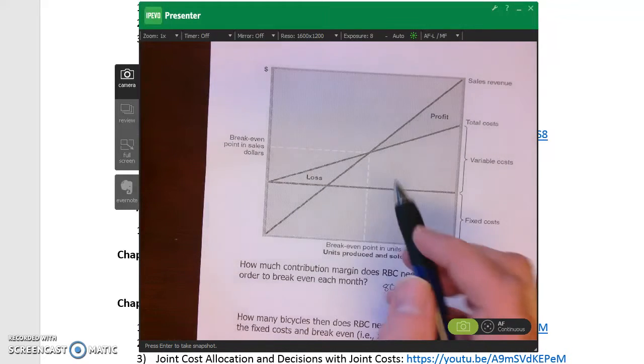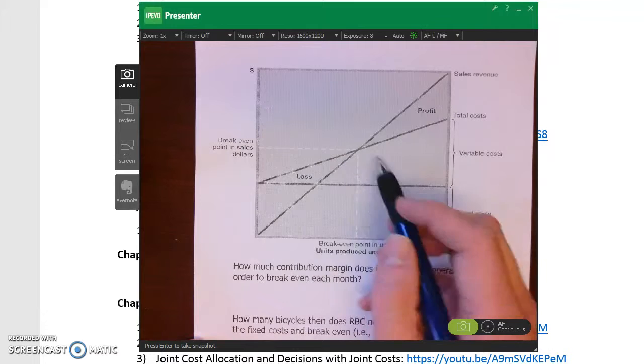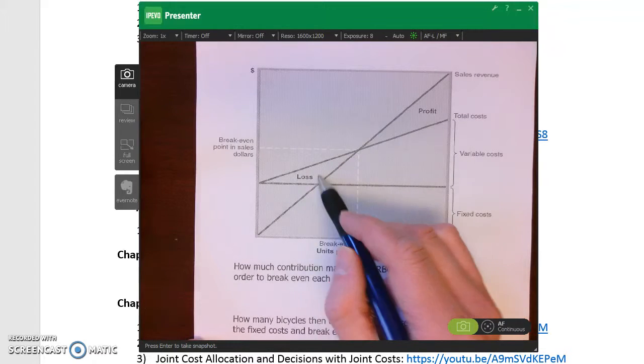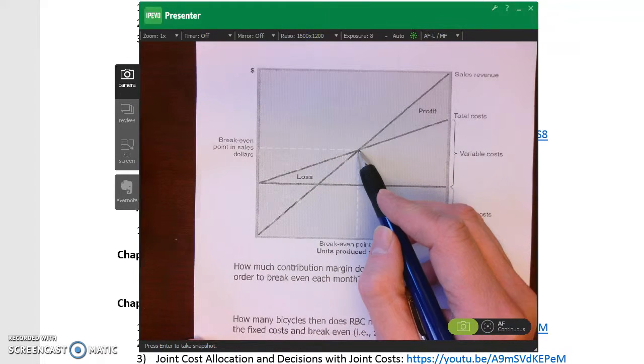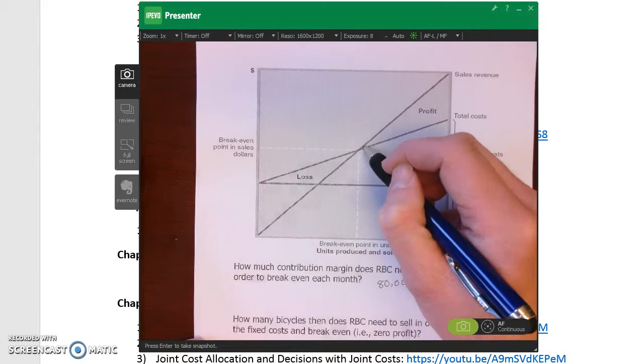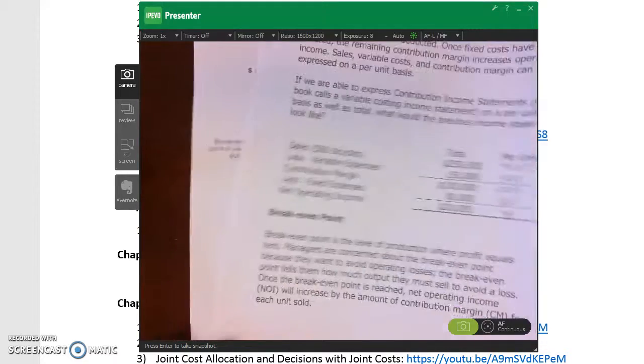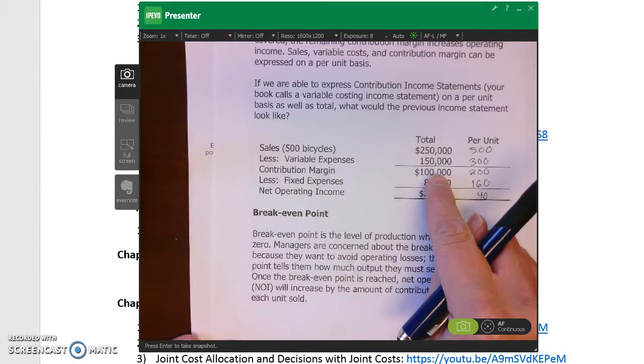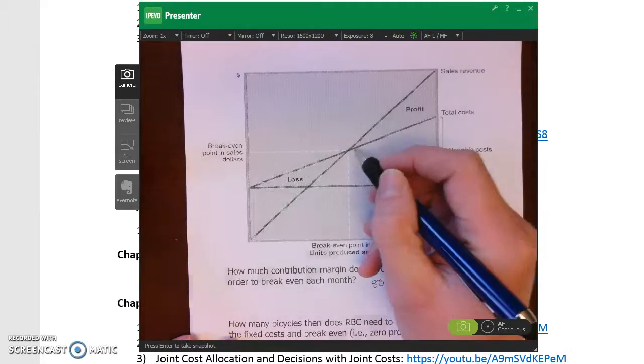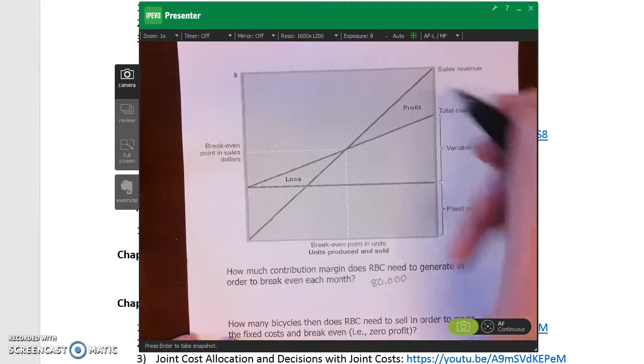So if we look at this diagram, we can see that up until we hit break even, we're running at a loss. And at break even, we have 0 profit.